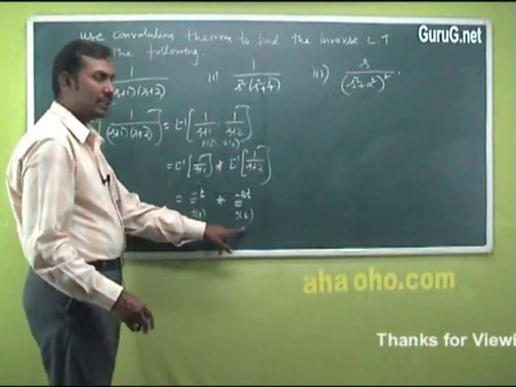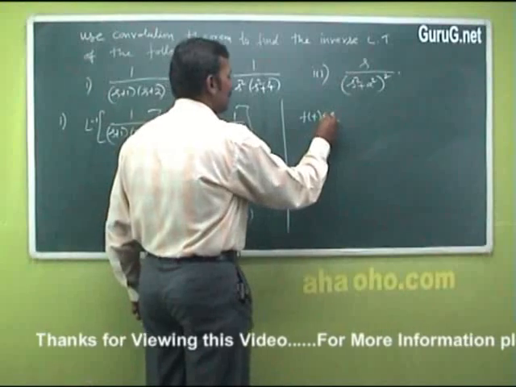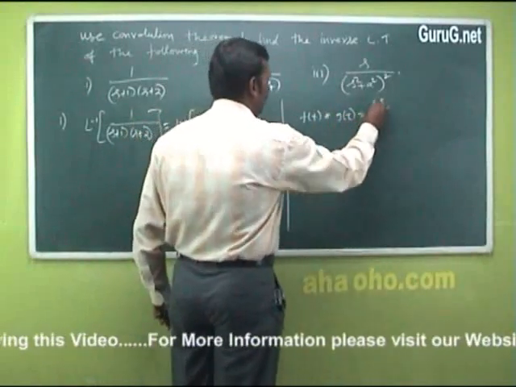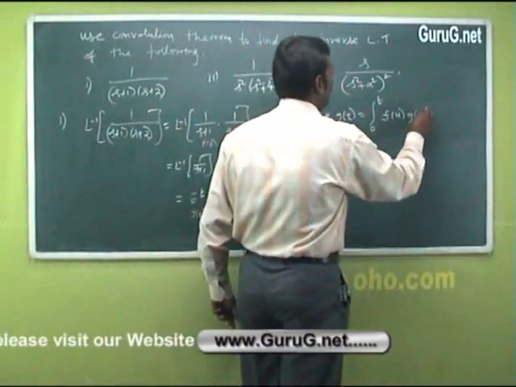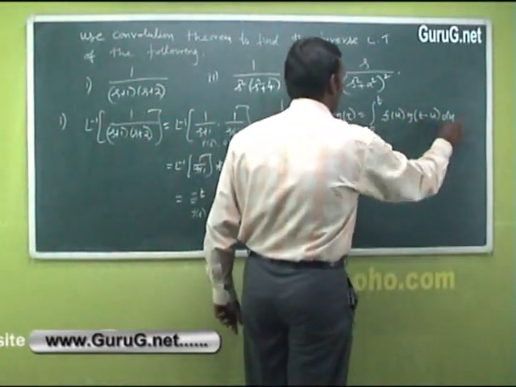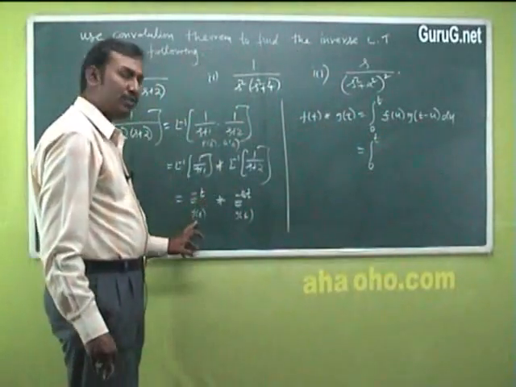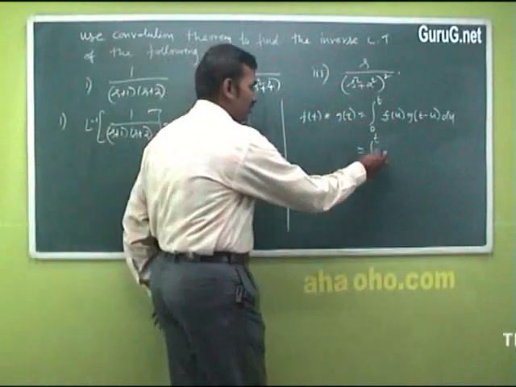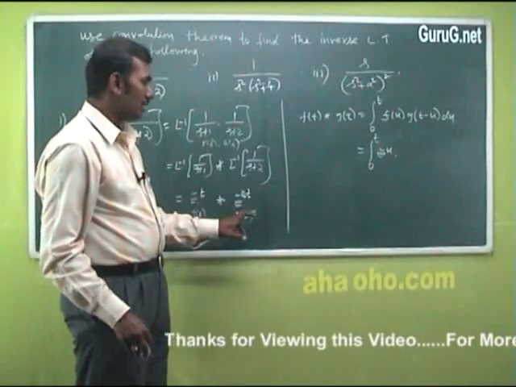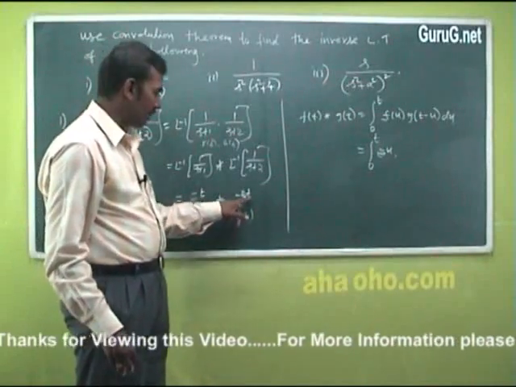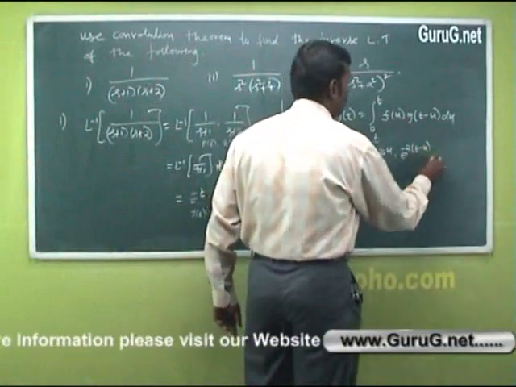So f of t star g of t equals what? f of t star g of t equals the integral 0 to t f of u g of t minus u du. That is the integral 0 to t, f of u is e power minus u, and g of t is e power minus 2t, so g of t minus u means t is replaced by t minus u: e power minus 2 into t minus u du.